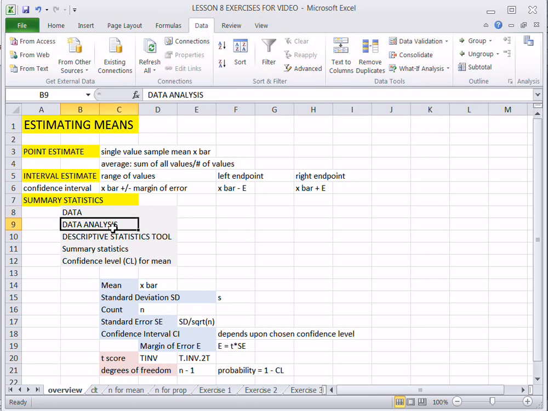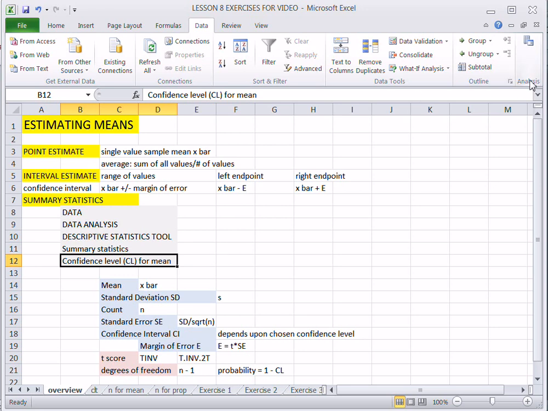You will select the Data Analysis Add-in tool, right here, Analysis. And when you get to the tool, you will select the Descriptive Statistics Analysis tool. Once you have that tool, you need to remember to check boxes for output that includes summary statistics and output for the confidence level for the mean.